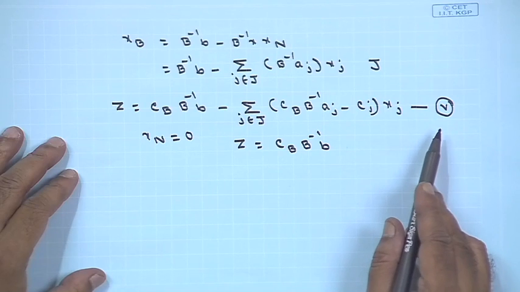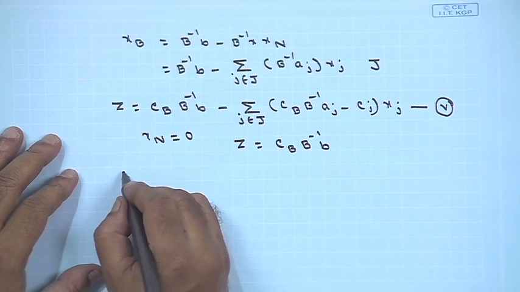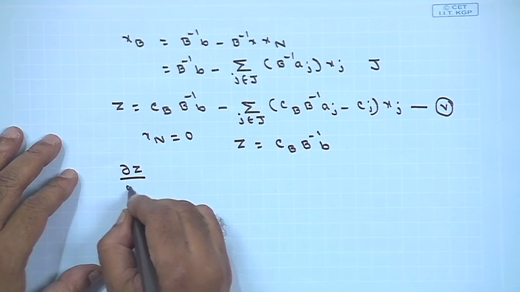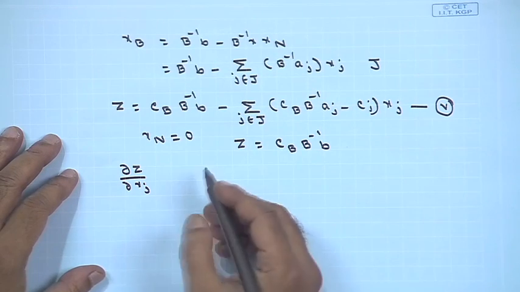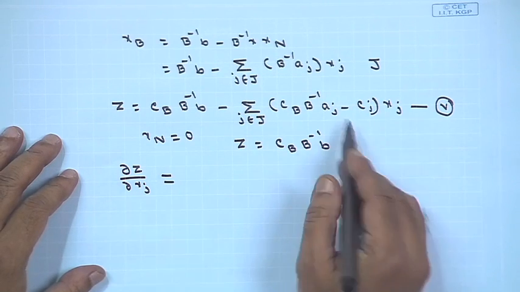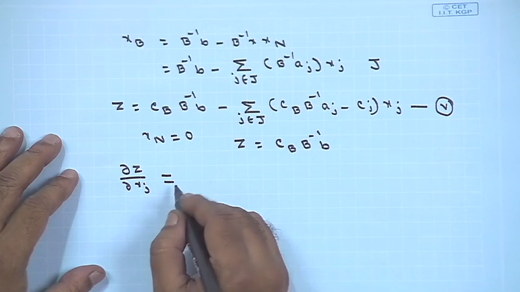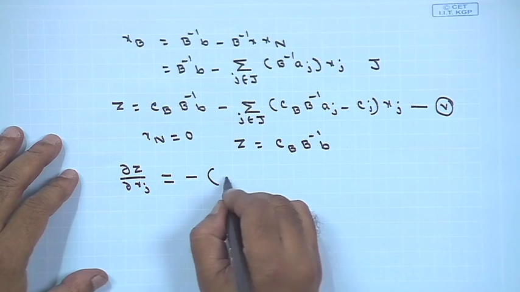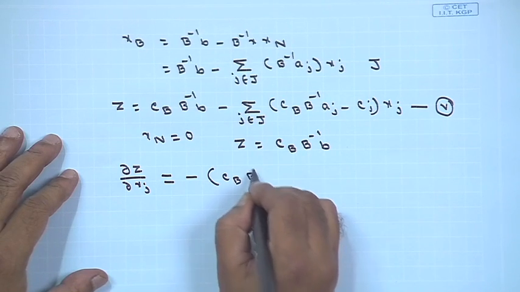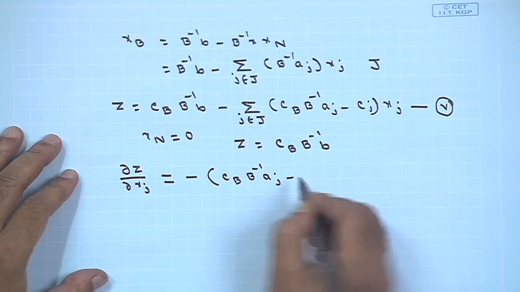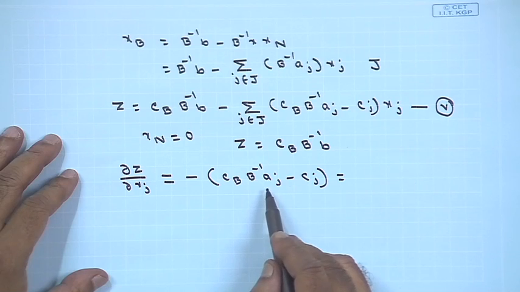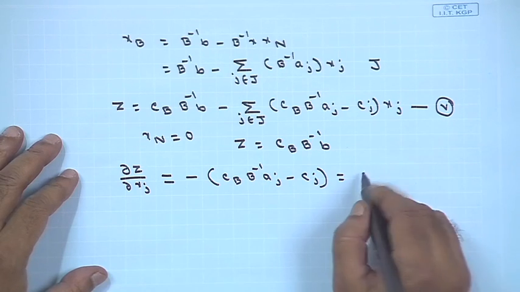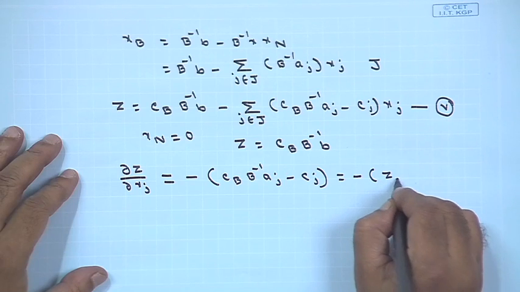Now, from equation 5, if I differentiate z with respect to the variable x_j, del z by del x_j will be equal to minus (C_b B inverse A_j minus C_j), and this C_b B inverse A_j is nothing but Z_j.